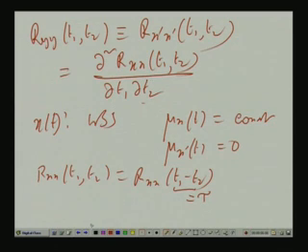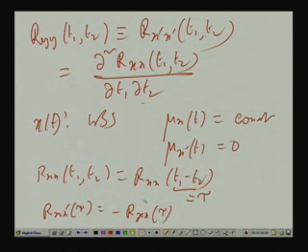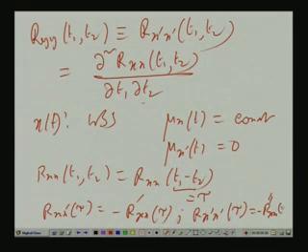You can easily verify that R x x prime (tau) will be the first order derivative of R x x (tau), and R x prime x prime (tau) will be the second order derivative. Okay, so that is all for today.